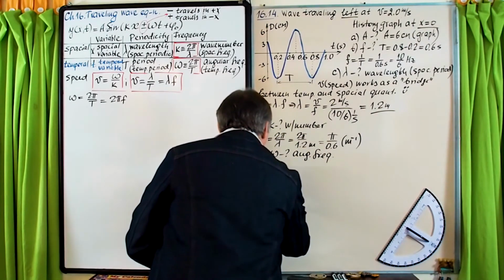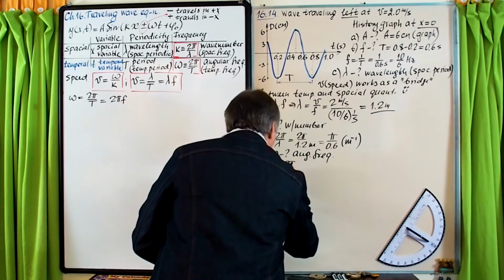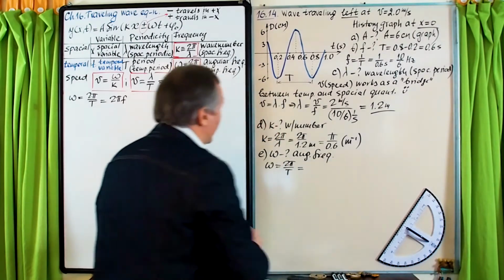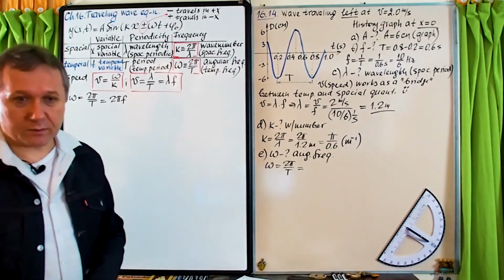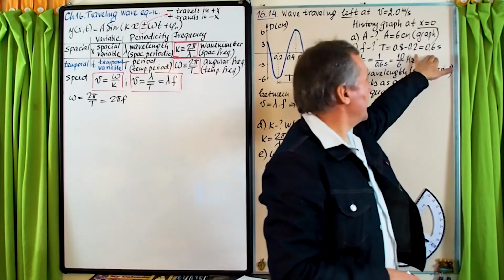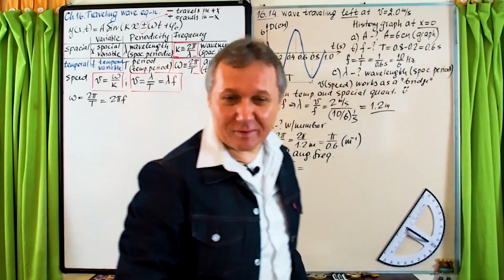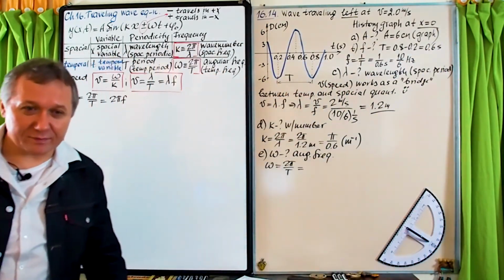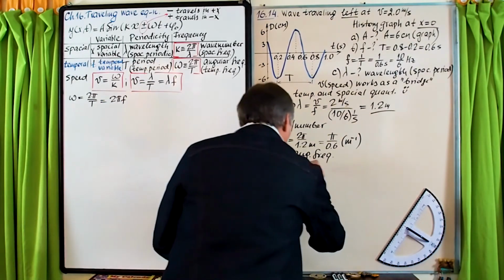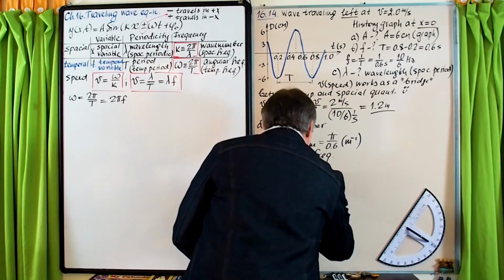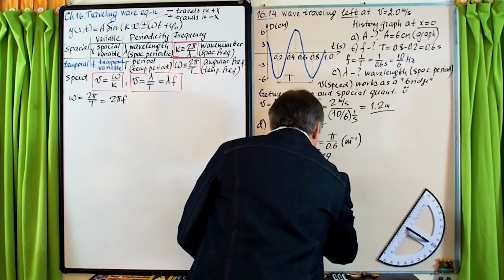So omega equals 2 pi divided by T. The period T we found from the very beginning, 0.6 seconds, just by looking at the graph. So it will be 2 pi divided by 0.6 seconds.